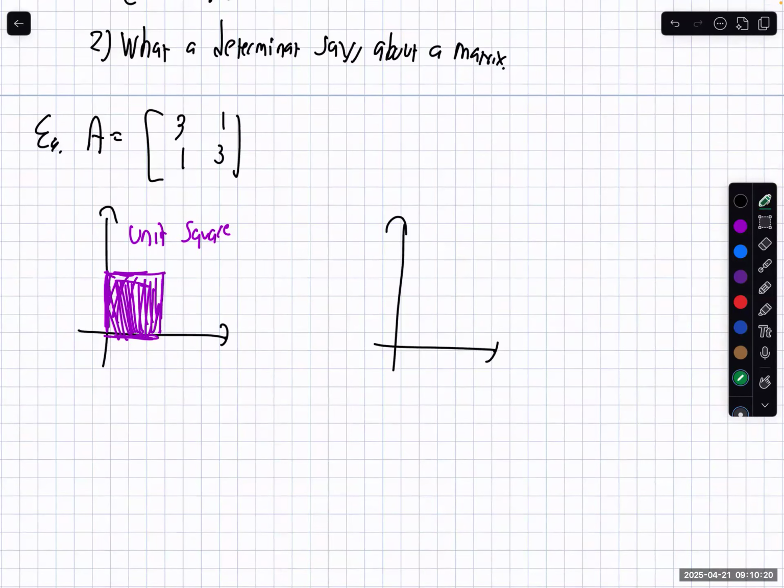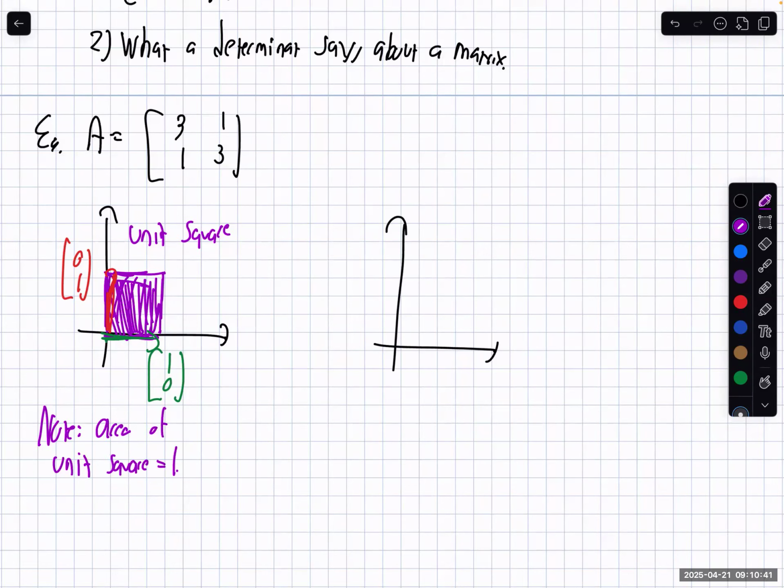And the unit square is defined by two vectors, (1, 0) and (0, 1). So the area of the unit square is 1.